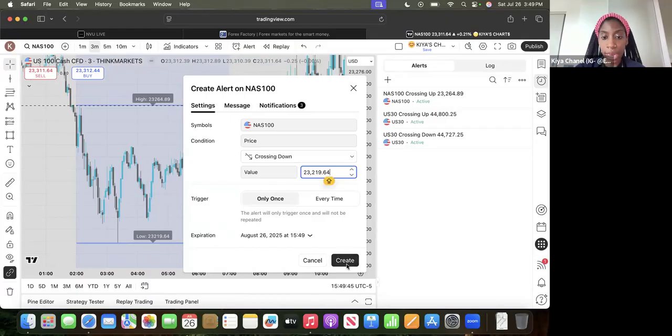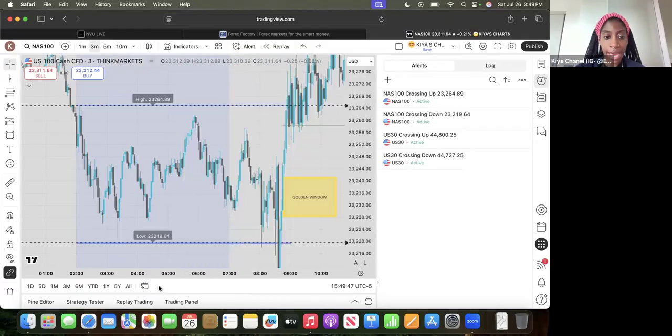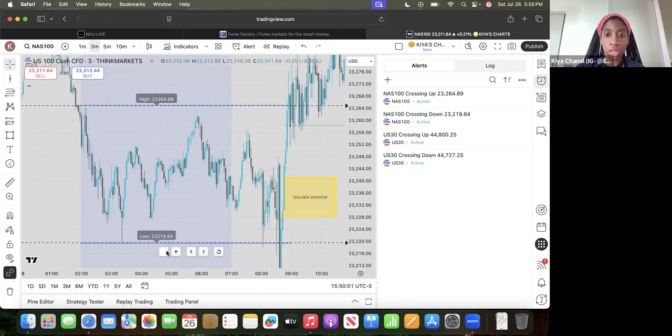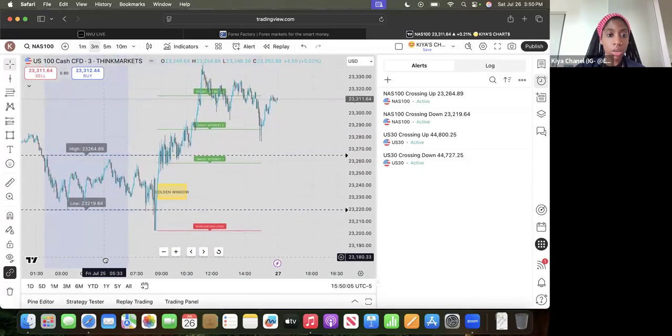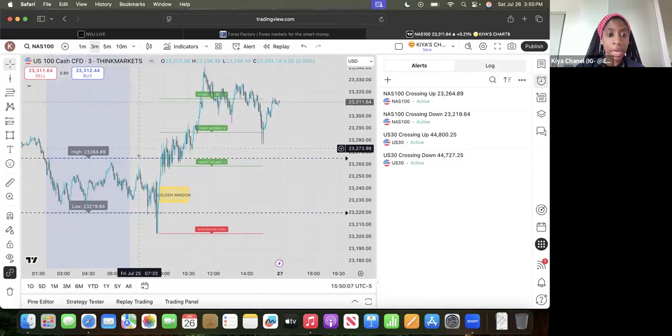Easy enough. Create. Now you have the alert for NAS 100 for the low, and you have the alert for the high. All right. So that is how you set alerts for the high and the low.